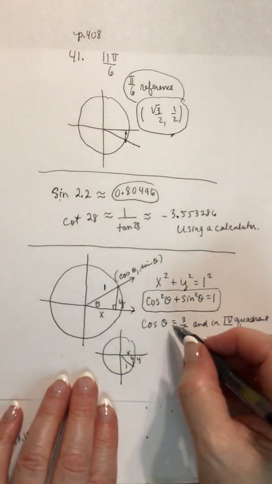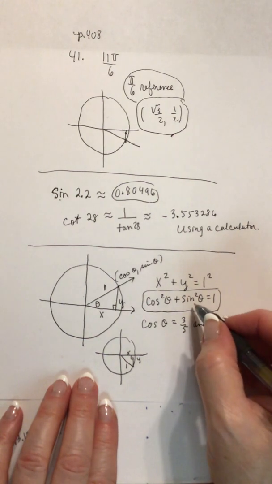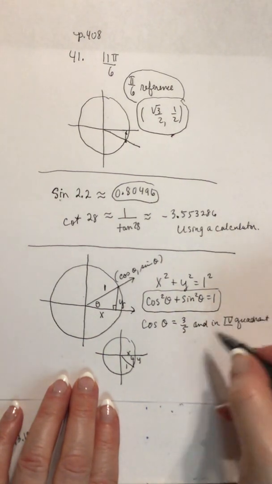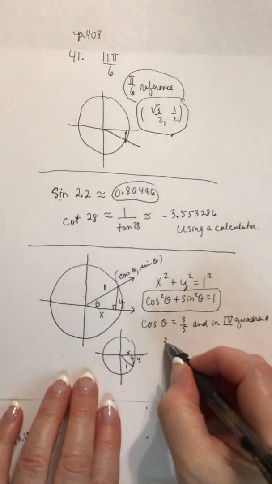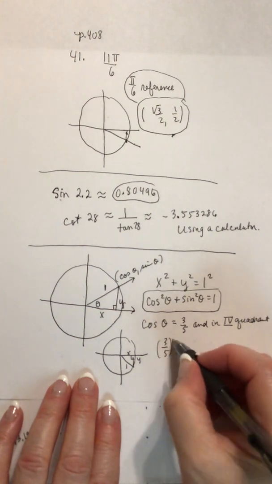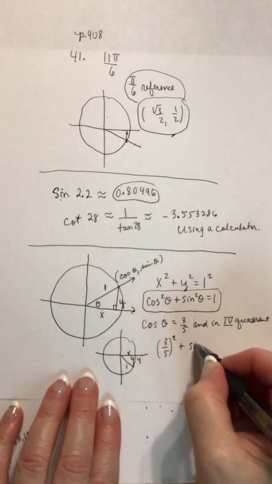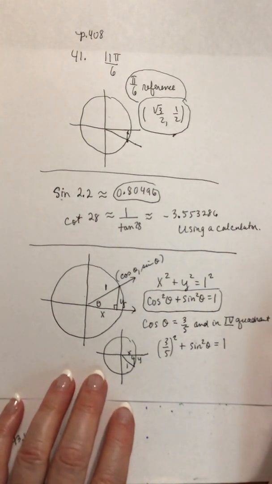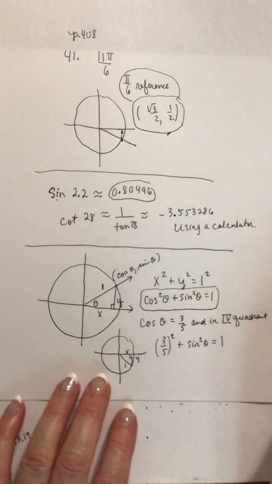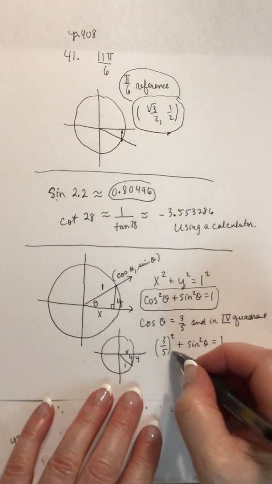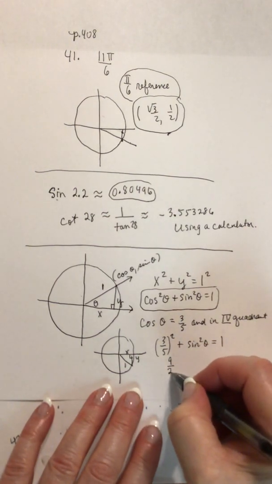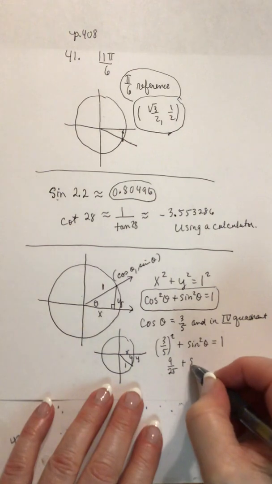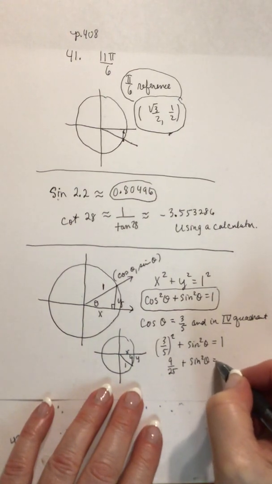But if I want to take cosine and put it into this equation, that would help me to find sine. So I'm going to have 3/5 squared plus sine squared theta equals 1.